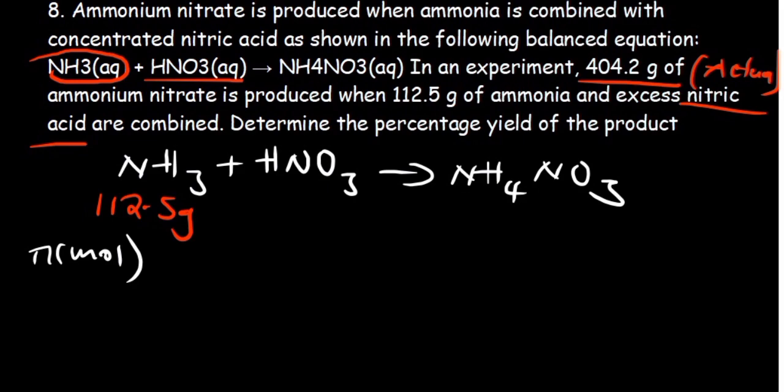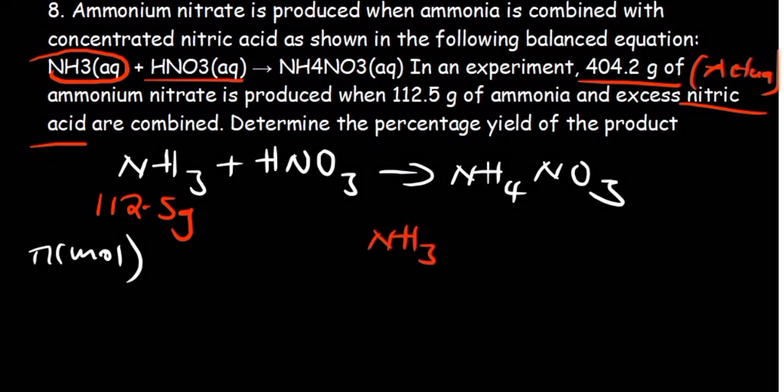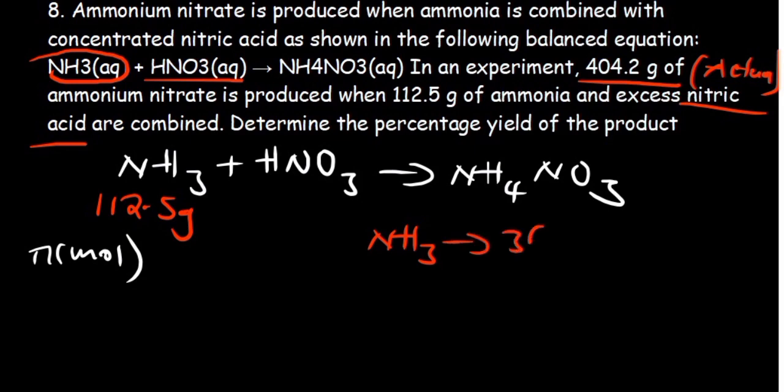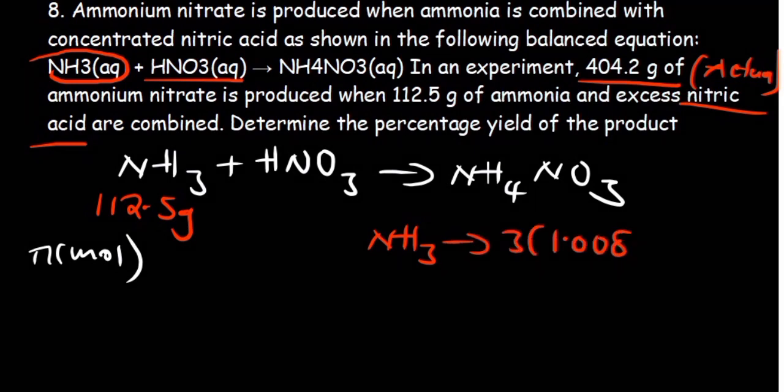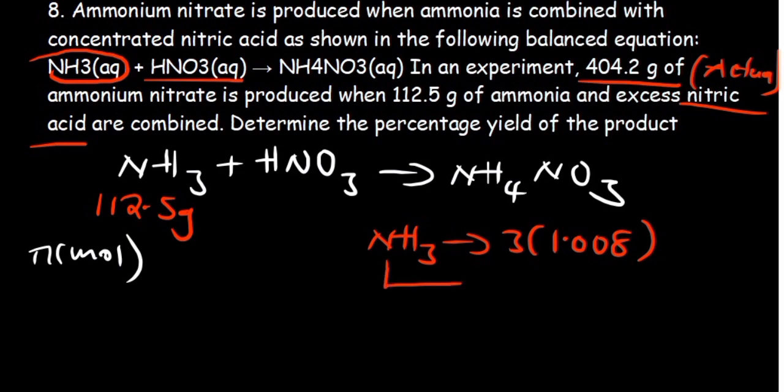Okay, so let's get our molar mass of NH3. If you go to the periodic table, you have 1.008 for hydrogen. Your nitrogen, you have 14.00674. 3 multiplied by 1.008 plus 14.00674.